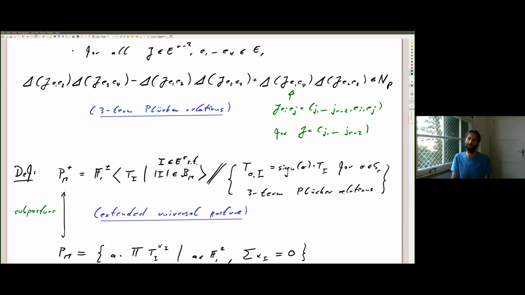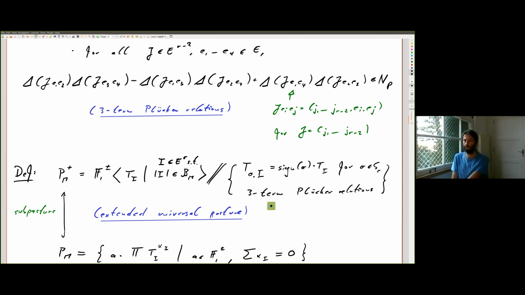I don't write them out again, but it's really the same relation, but instead of evaluating delta in such a tuple, we write T sub J E I E J. So in the sense it's really the same relations.